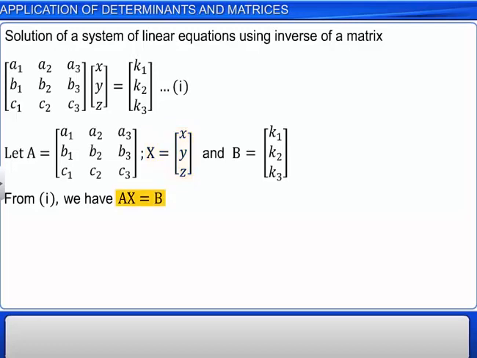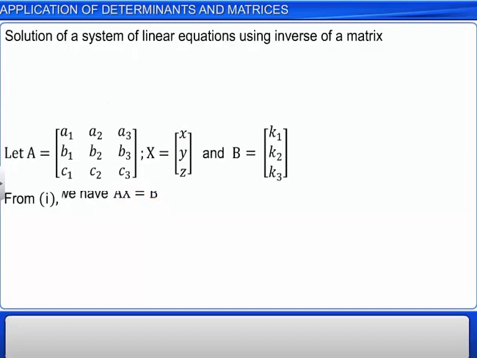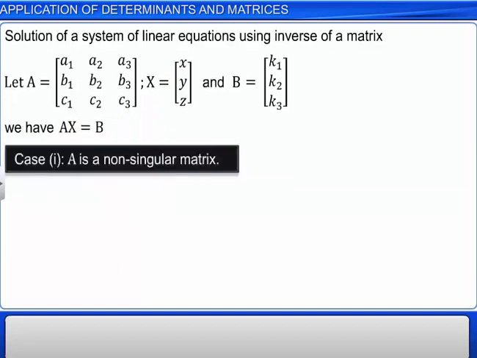The first case is if the coefficient matrix A is non-singular. If A is a non-singular matrix, then A inverse exists. Multiply both the sides of the equation AX = B by A inverse. We get the equation as shown.